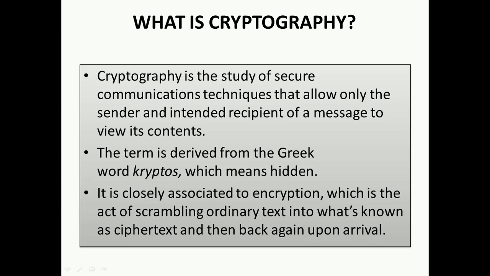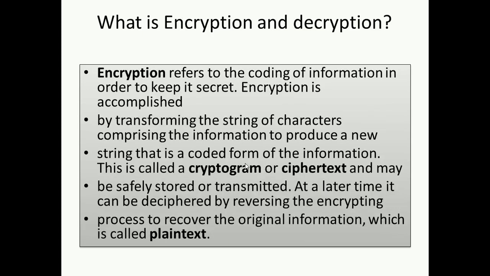It is closely associated with the encryption we have already seen, which is the act of scrambling ordinary text into what's known as ciphertext and then back again. Encryption refers to coding of information in order to keep it secret.